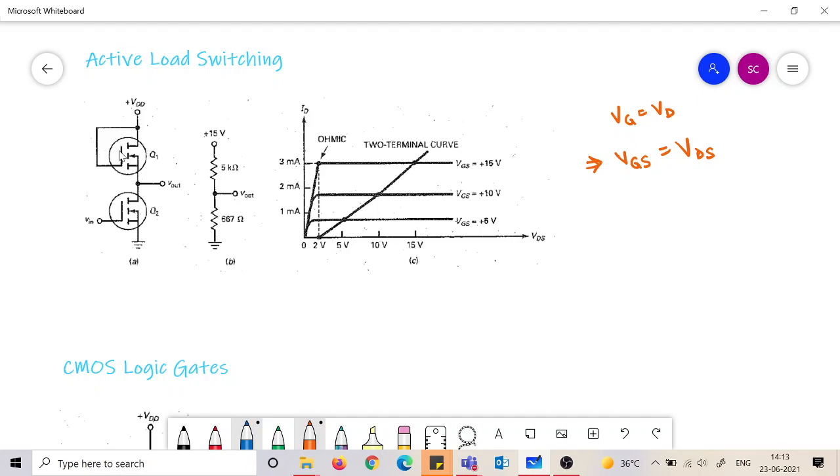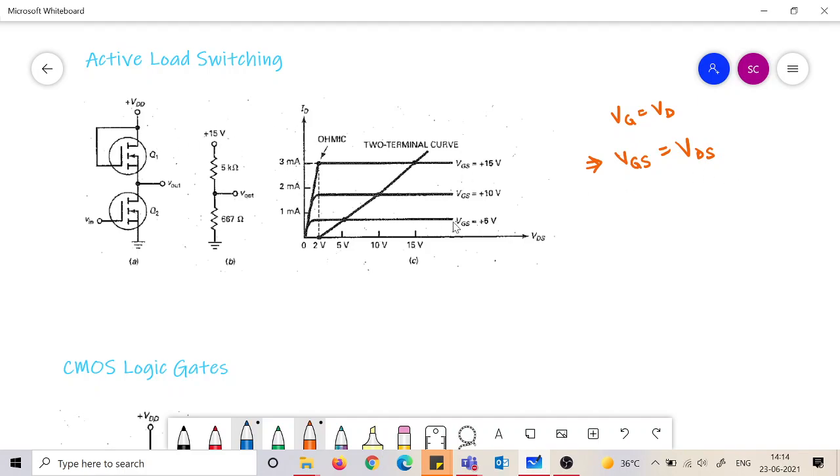So what is happening here? You see in the output characteristic ID versus VDS curve. These are the nonlinear characteristics, as you see here. These are the characteristics of the Q2 MOSFET. But what is the load? The load is given by this particular Q1 MOSFET. If you want to draw the load line here, then the load line characteristic is given by VGS equal to VDS for this particular Q1.